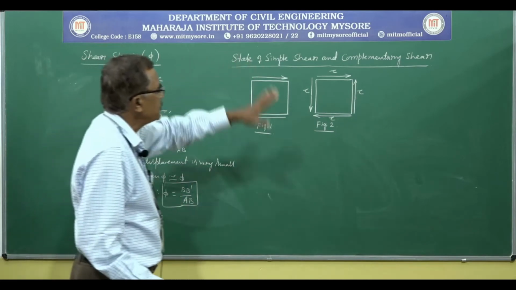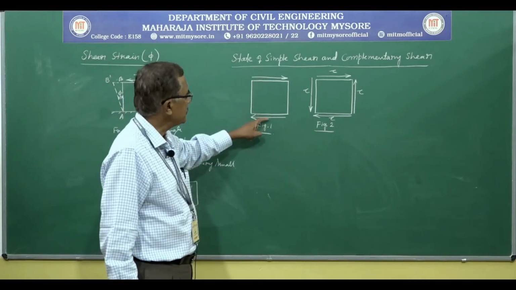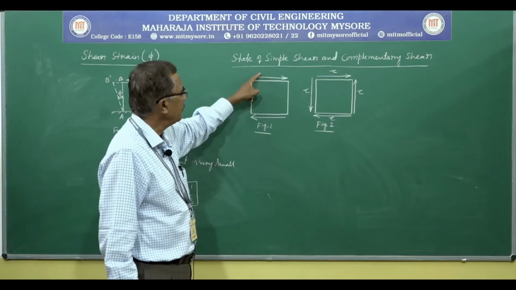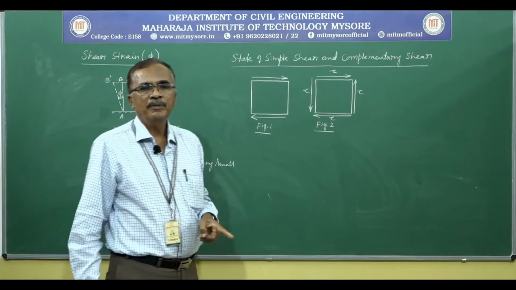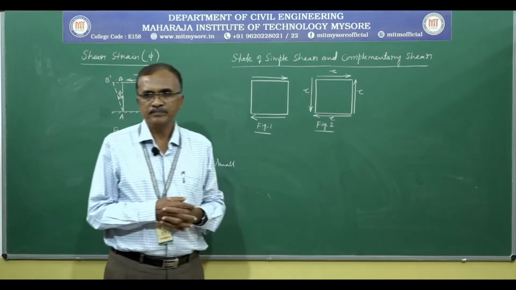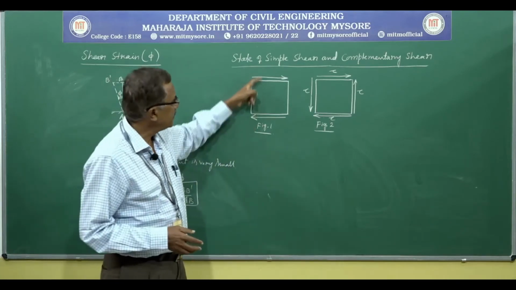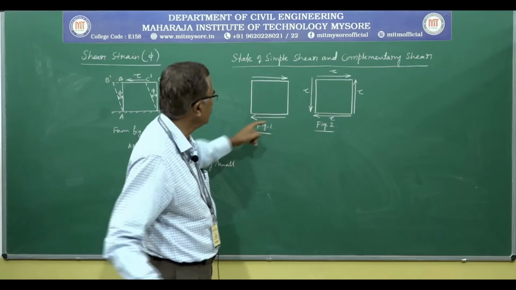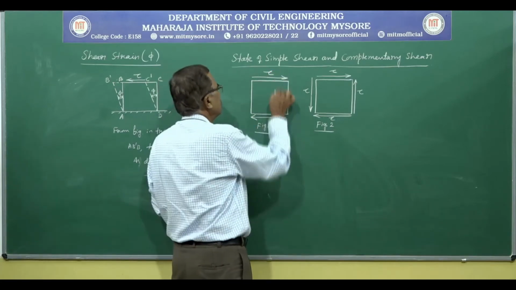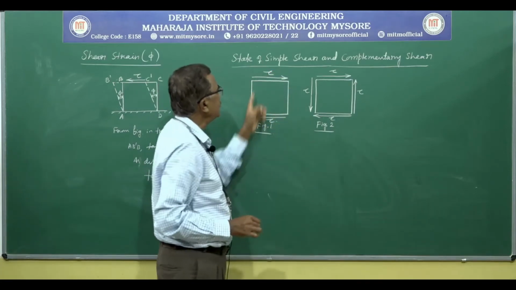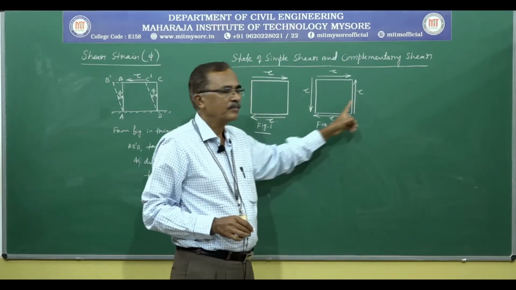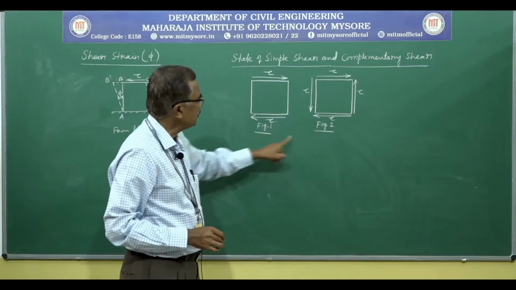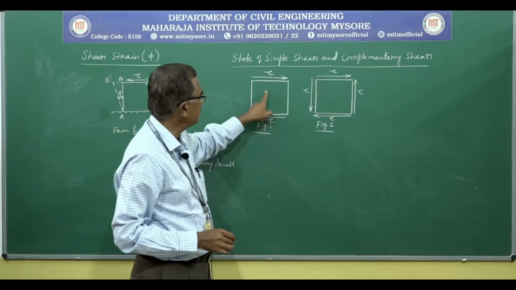As per state of simple shear, a set of shear stresses are always accompanied by a set of complementary shear. So, a set of shear stresses acting on two edges are always accompanied by a set of complementary shear. With respect to these two figures, let us consider figure 1.